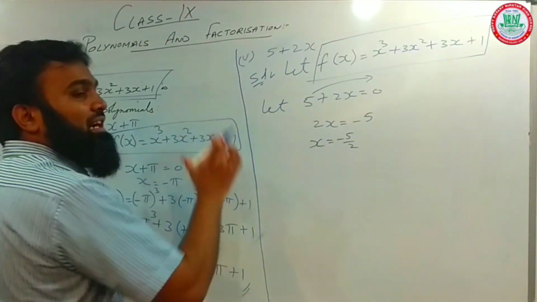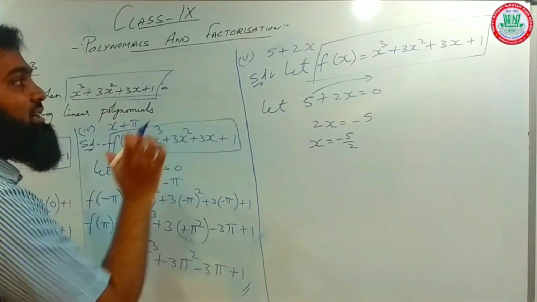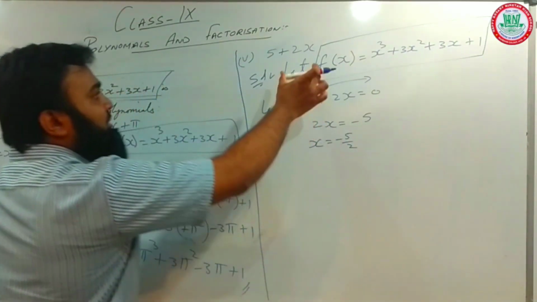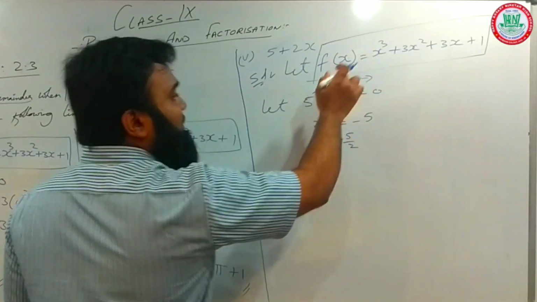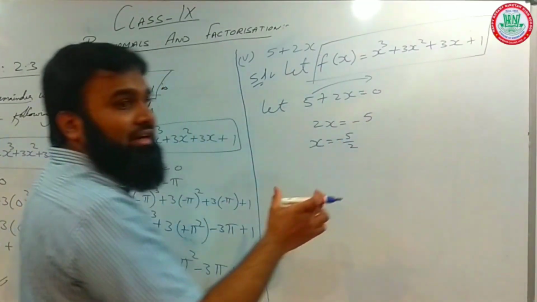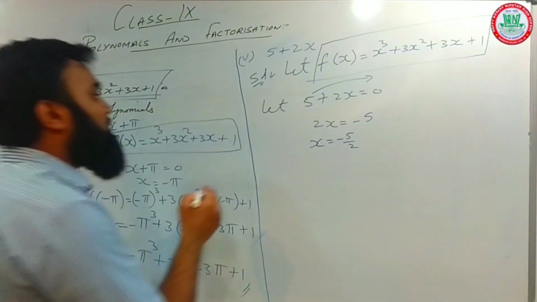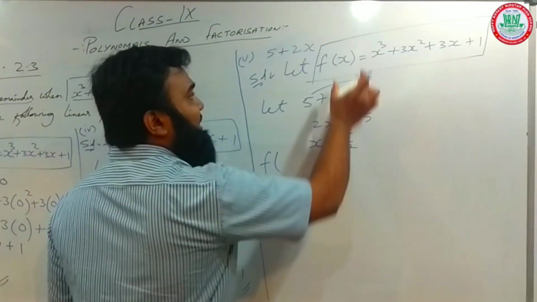So this is the last question. Understand it very clearly. What are we doing? We are putting this x value in this equation. Whatever answer we are getting, that will be the remainder. So f of x value is what?